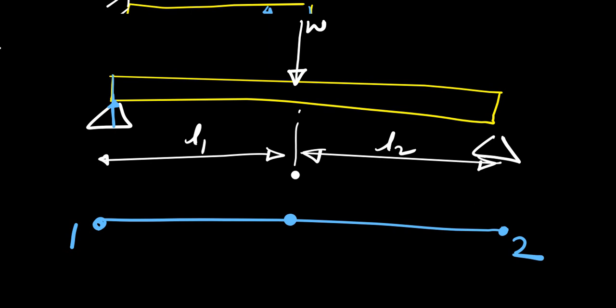Here there is a point load or concentrated load applied on the beam, so that node will be considered. Even if one more load is applied elsewhere, a node will be considered there. So based upon the loading condition, the nodes will be taken.